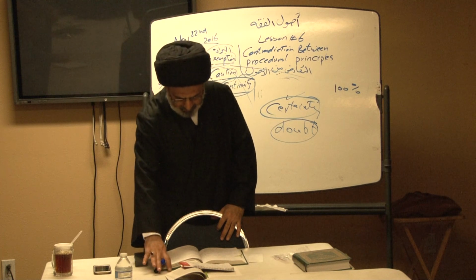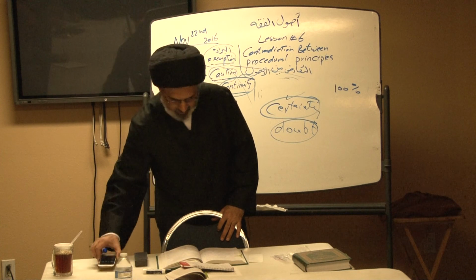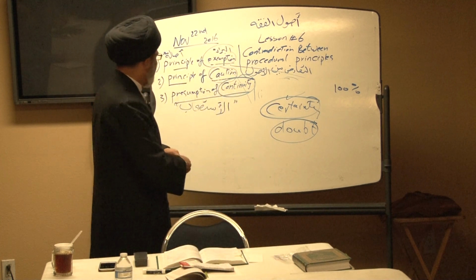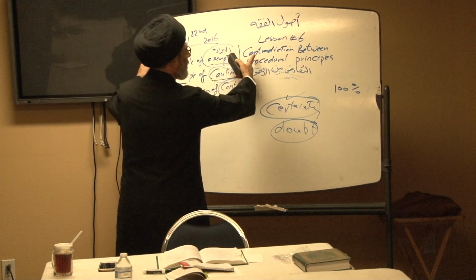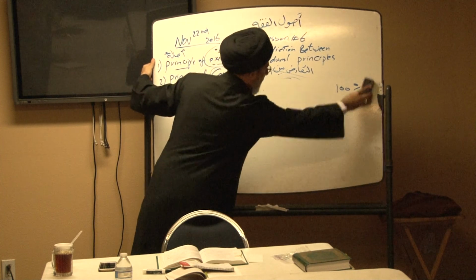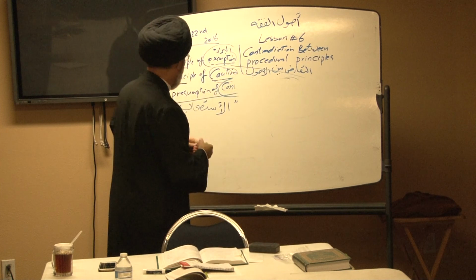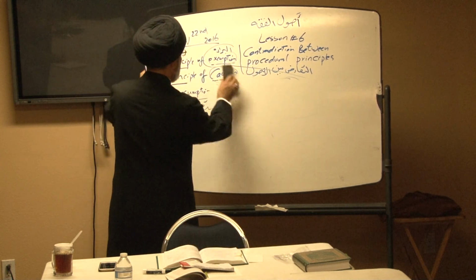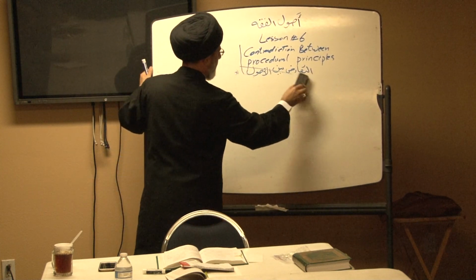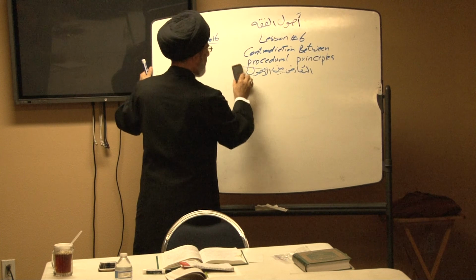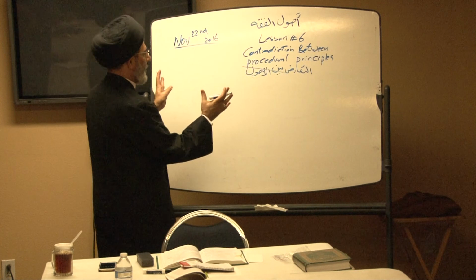Now, the example they give is the conflict that comes. See, we are speaking about contradictions. They say the contradiction is between two principles.